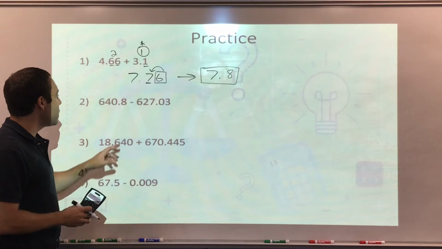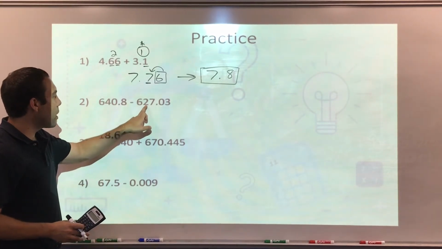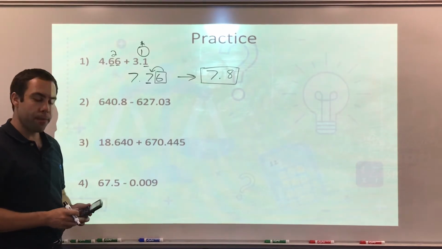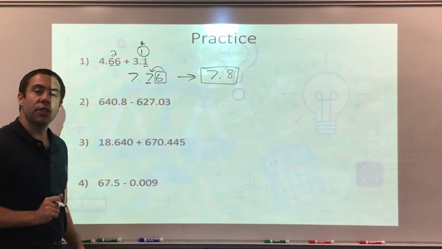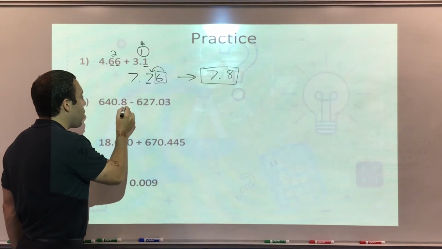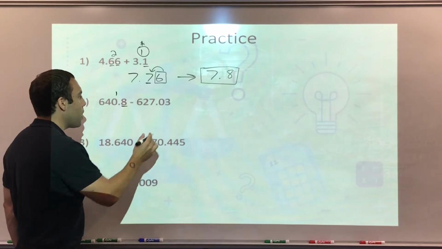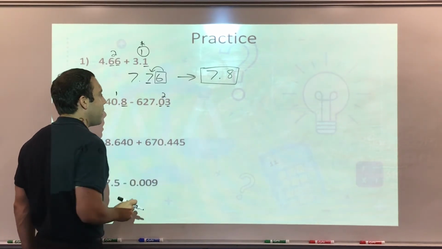For problem number 2, we have 640.8 minus 627.03. First step, we determine the number of decimal places for each number. 640.8 has 1 decimal place. 627.03 has 2 decimal places.